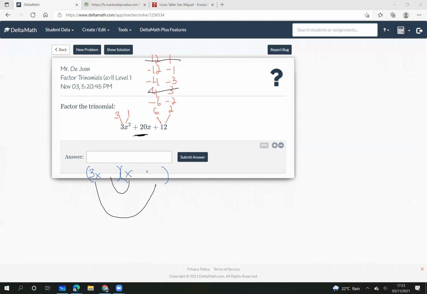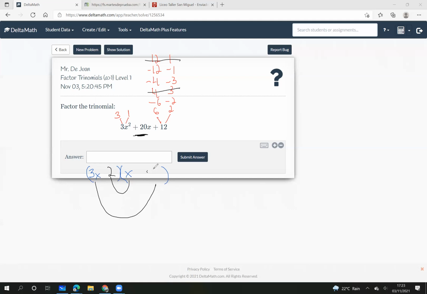We know that 3 and 4 won't work. Let's try another one. Let's try if I put 6 here and 2 here. Well, 6 times x is 6, and 3 times 2 is 6. 6 plus 6 is 12. It's not really the number we're looking for still, right? So that can't be it.